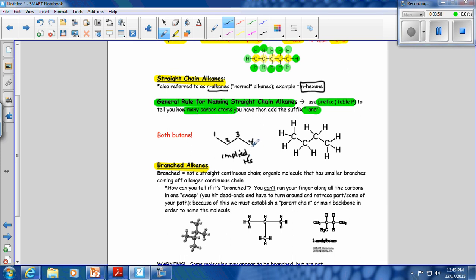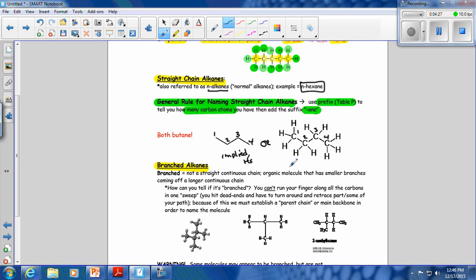Another way to write out butane, a straight-chained alkane, and I like this method a little bit better, is going with the actual structural formula. I'm labeling my 4 carbons. You can see the pattern is very similar to the previous example. And in this example, you can actually see where the carbons are and where the hydrogens would be located as well. So this is a straight chain. There are no branches attached to these particular alkanes.